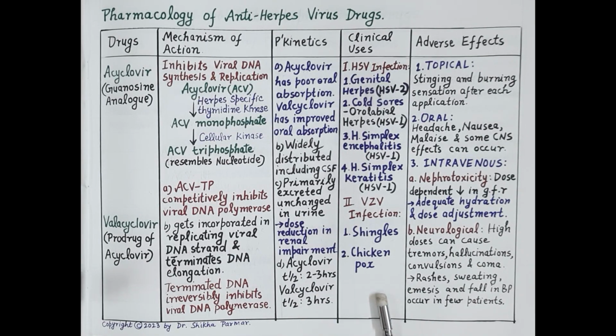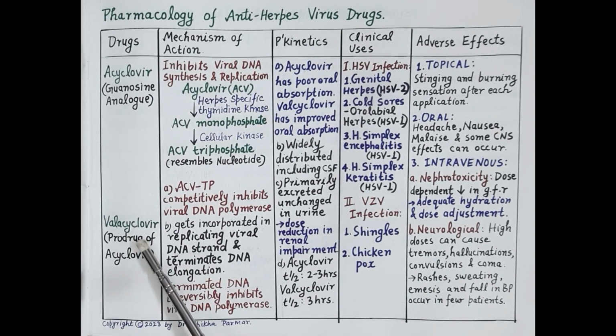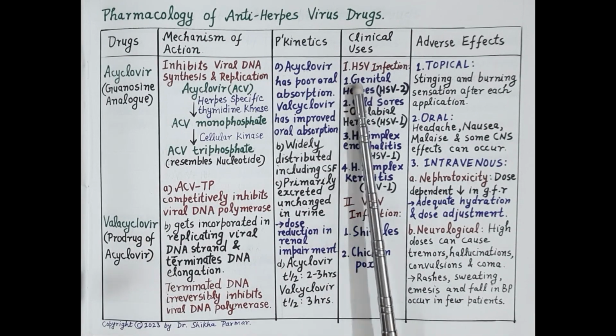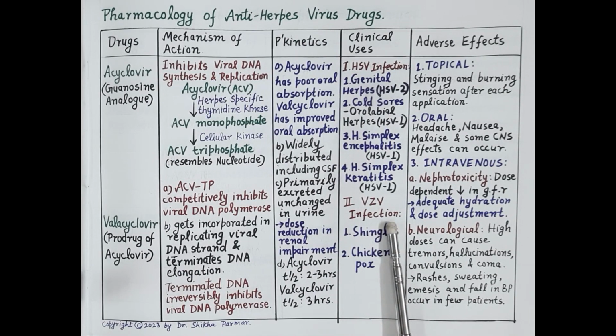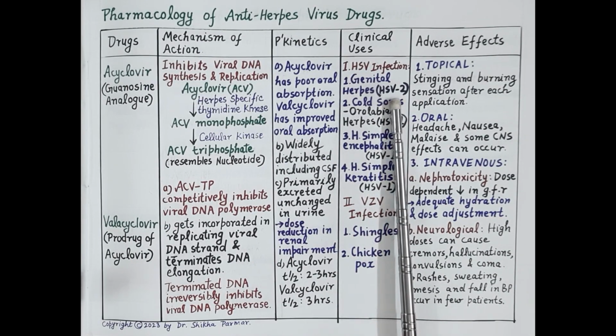Now, let's talk about the clinical uses. Acyclovir and valacyclovir are very effective in the treatment of herpes simplex virus infections and varicella zoster virus infections. These drugs are used in the treatment of HSV-1 as well as HSV-2 infections.